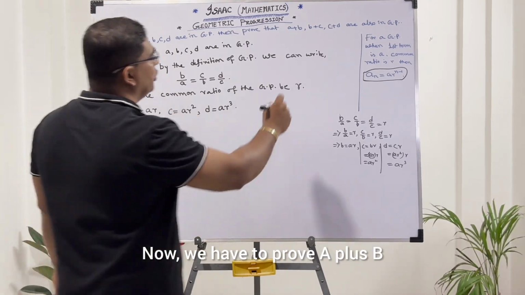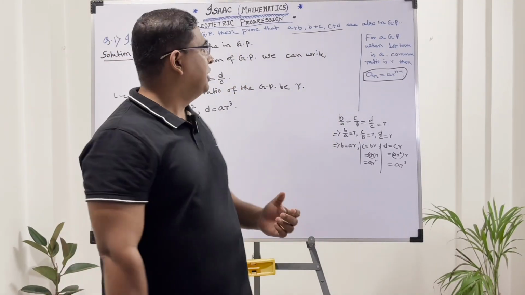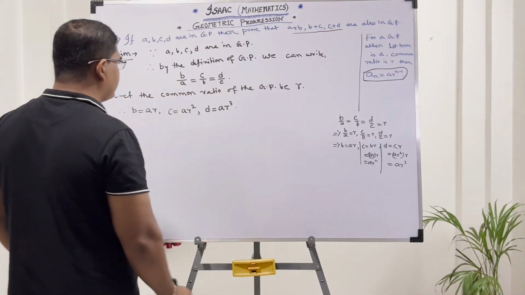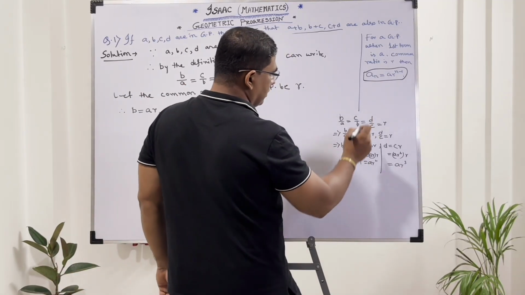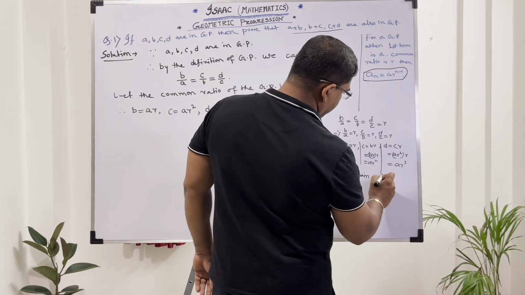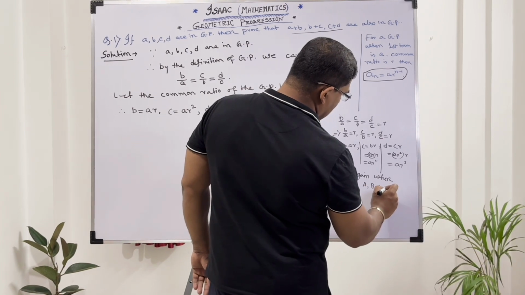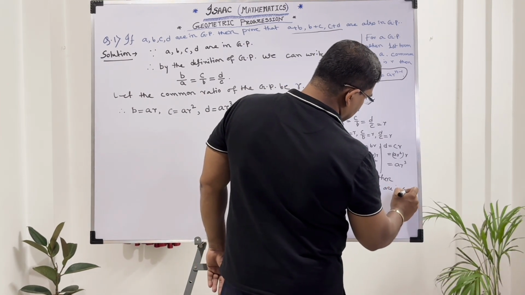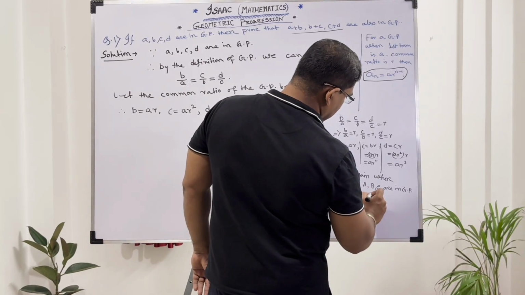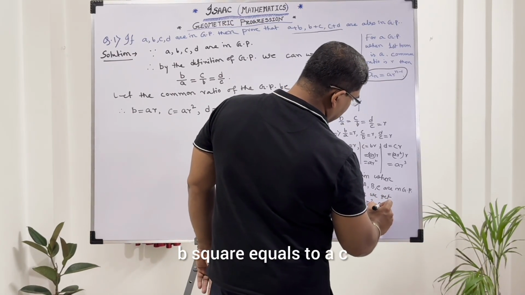Now we have to prove A plus B, B plus C and C plus D are also in GP. That means they are like A, B, C. Again, when A, B, C are in GP, then we get B square equals AC.